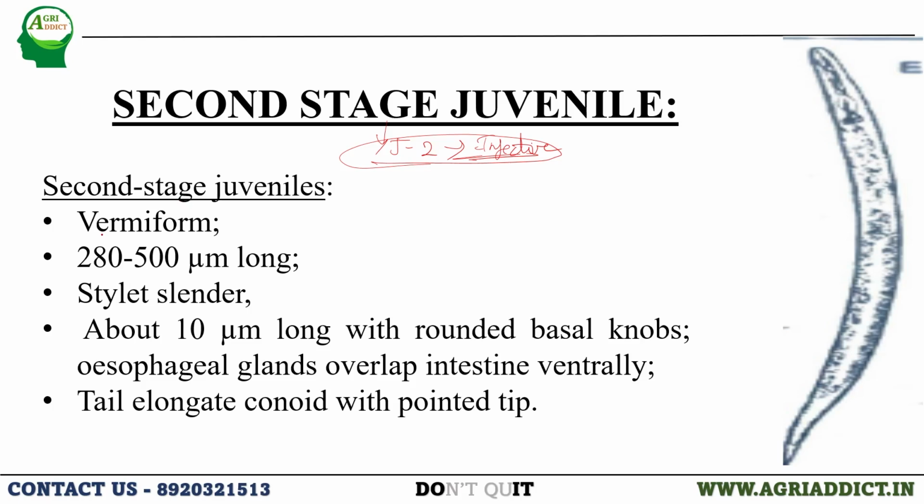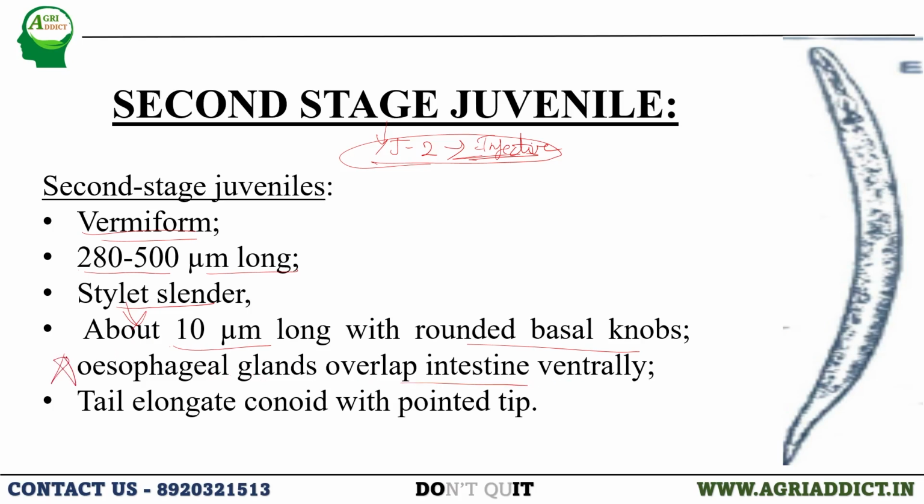How will they look? They are also vermiform in shape and their length varies from 280 to 500 micrometers. The stylet is slender, about 10 micrometers long with rounded basal knobs. The esophageal glands overlap the intestine ventrally.